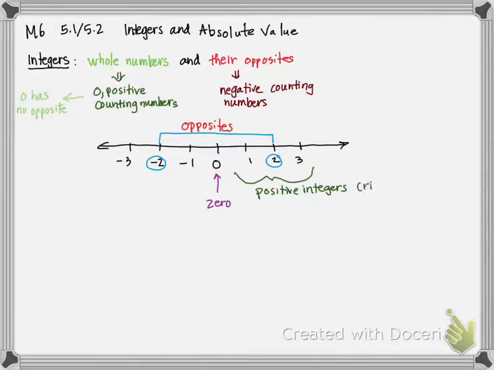They're always right of 0. That makes them positive. Okay. Now on the other side are the negative counting numbers. All I'm looking at is the -1, -2, -3. So these are negative integers.